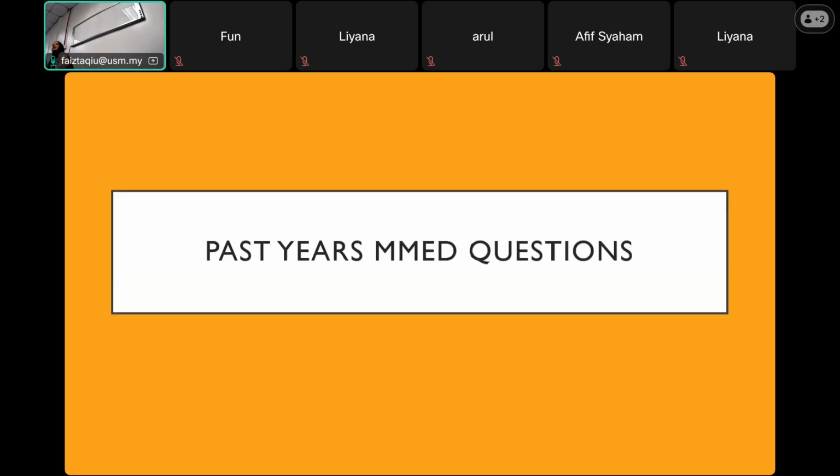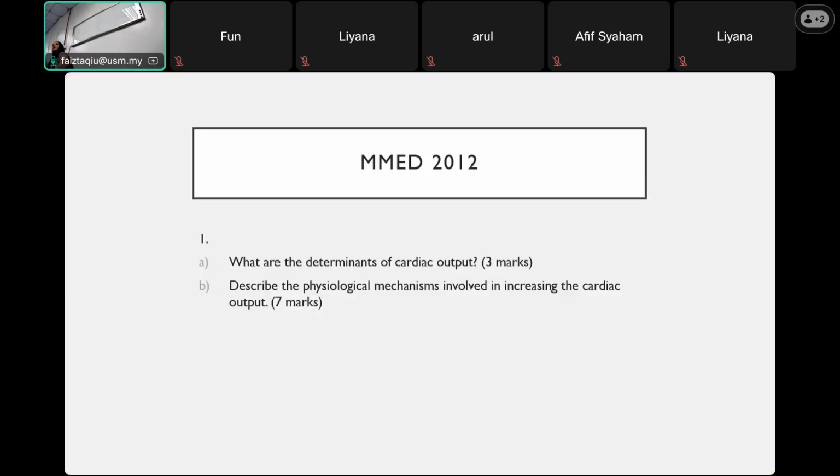Next. So past year in 2012, physiological mechanism involved in increasing cardiac output. Ni masa tahun saya ambil first year kot. So that's why determinants of cardiac output are important. Tapi first dalam marking you jawab dulu cardiac output is apa kan? It is the product of heart rate and stroke volume.